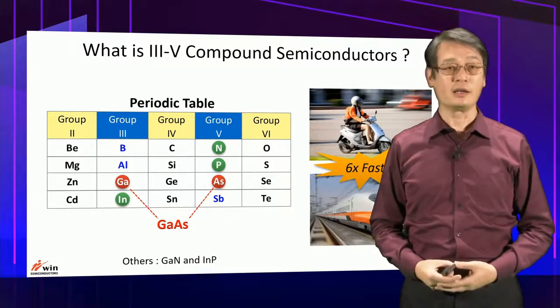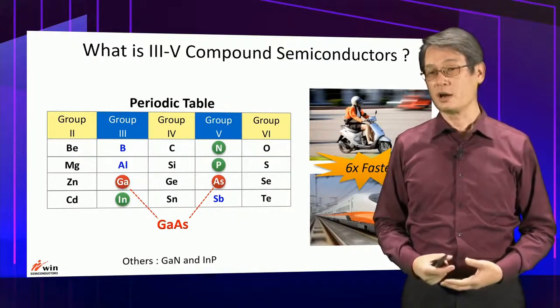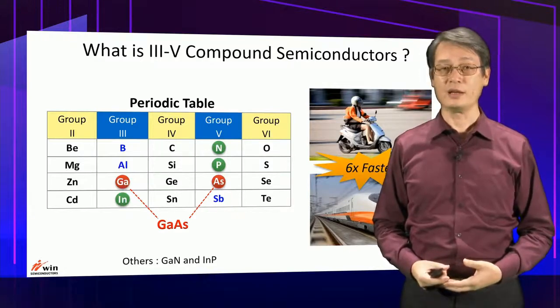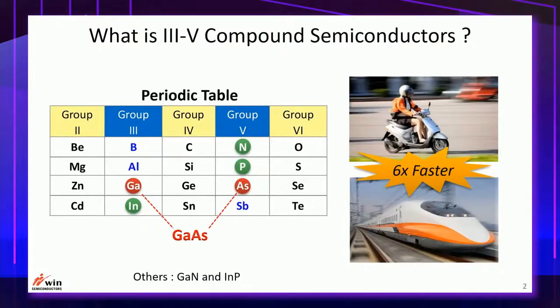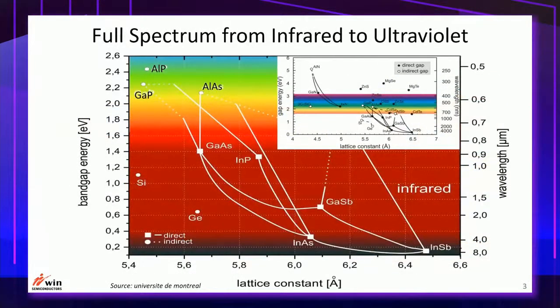For integrated circuit applications, compound semiconductors have the advantage of high speed. They can run theoretically 5 to 6 times faster than their silicon counterparts. The second advantage is that most of them are able to emit light, which silicon cannot.